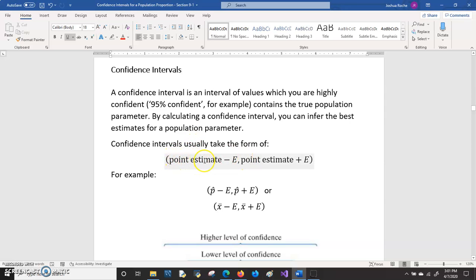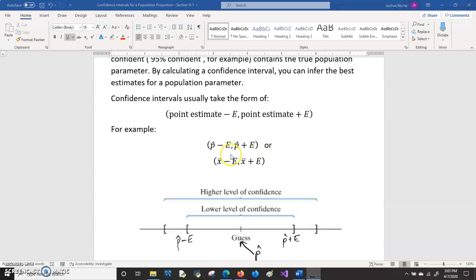You'll have your point estimate minus the margin of error for the lower bound, and then the point estimate plus the margin of error for the upper bound. In the example we just did, it was p hat plus and minus margin of error. In the next section, you'll see this confidence interval with x bar, but it's the same pattern, x bar plus and minus the margin of error.